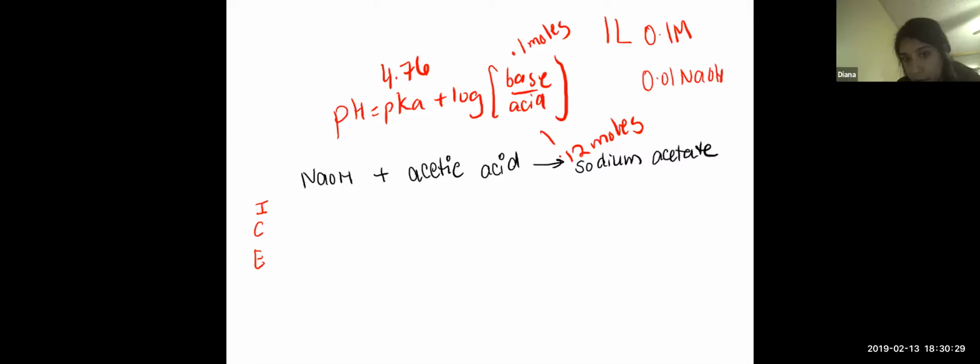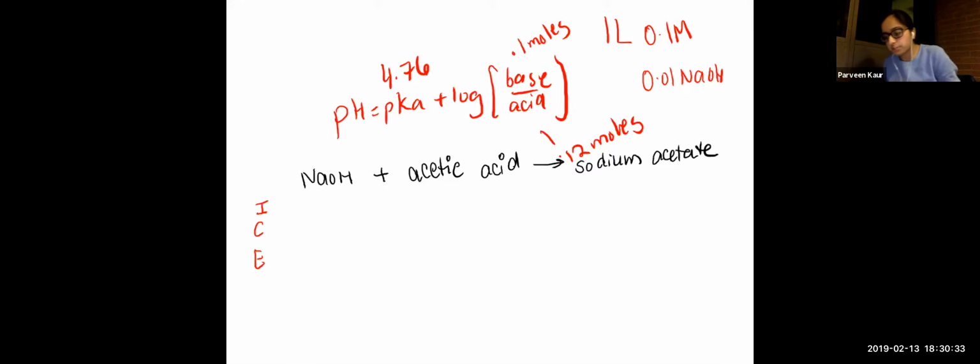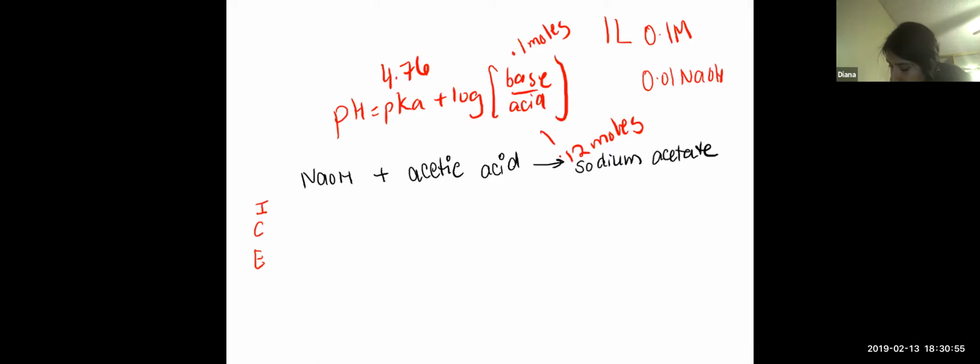In a buffer solution we have acetic acid and sodium acetate, and when we add NaOH, we're making more base.